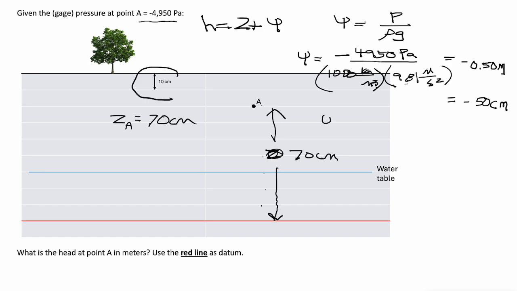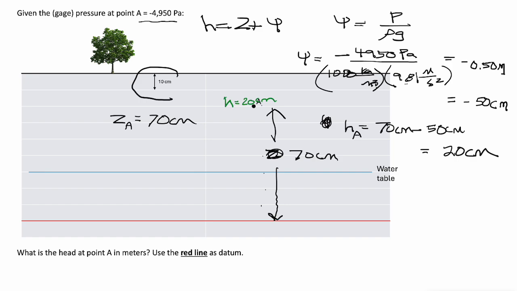So for A, the head at A equals Z at A, or 70 centimeters, plus psi, which is minus 50 centimeters, and that is equal to 20 centimeters. So the head at A is 20 centimeters. I'll just write that down. H equals 20 centimeters.